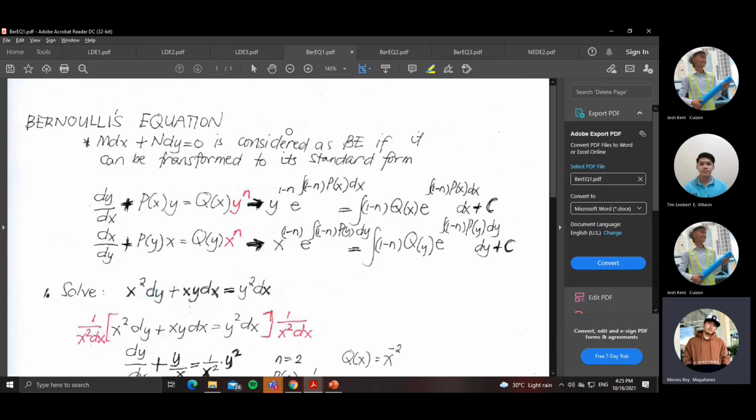So this is Bernoulli's equation. M dx plus N dy equals 0 is considered a Bernoulli equation if it can be transformed to its standard form.